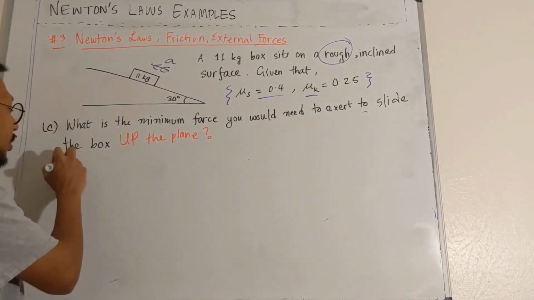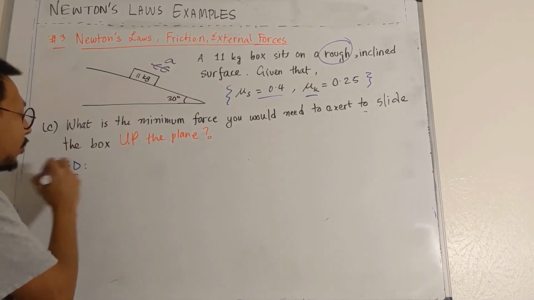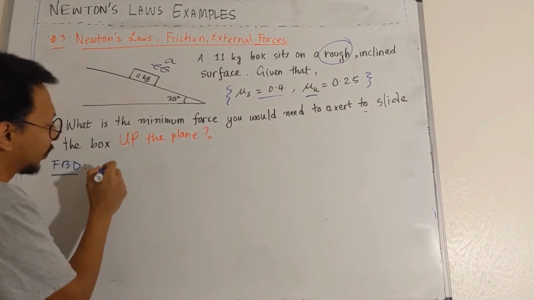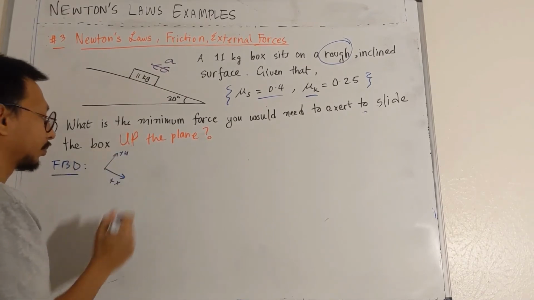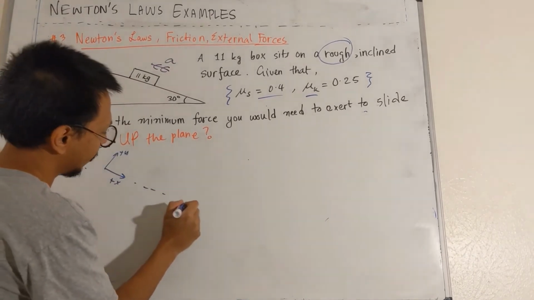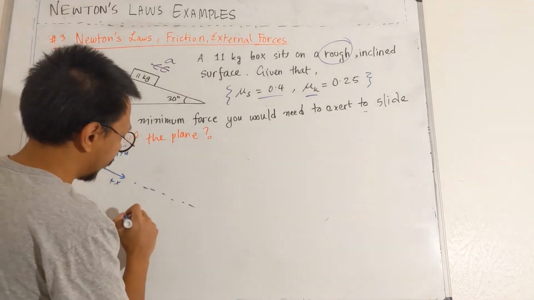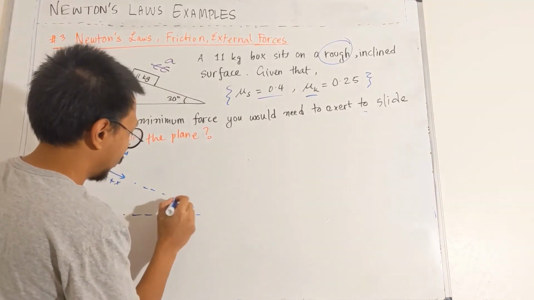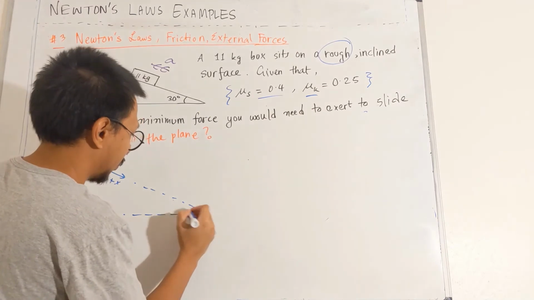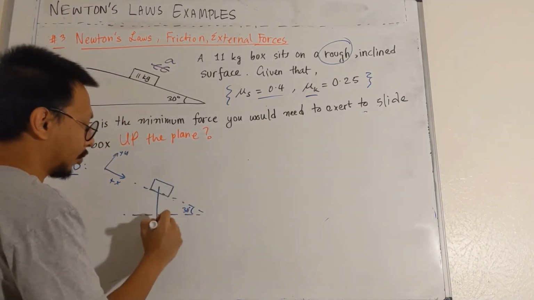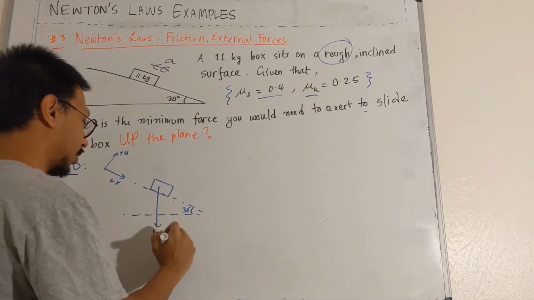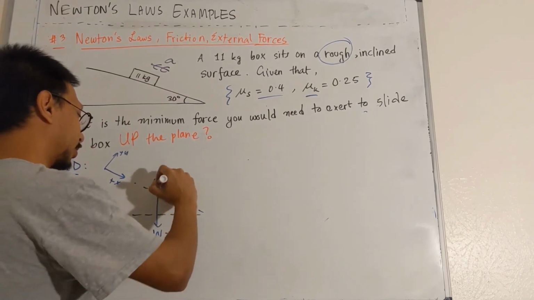Hence, let's start with the free body diagram again, as always. Let's first use our axis same as before and set everything up. 30. Box, the weight as usual vertically downwards.